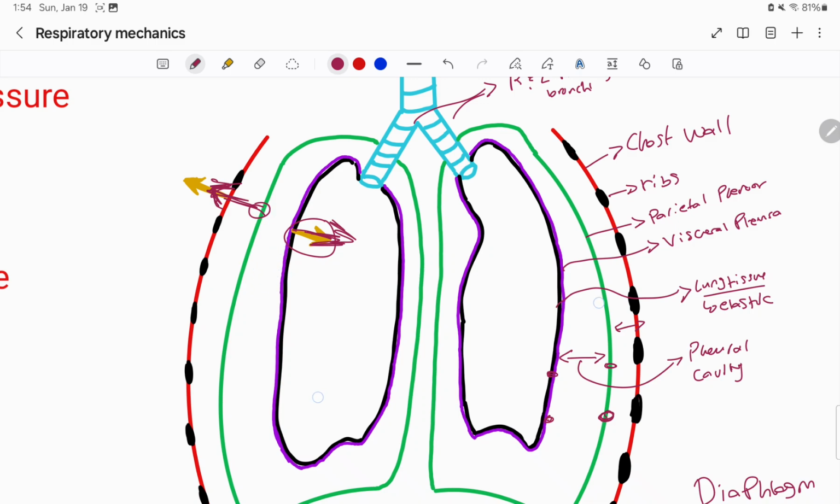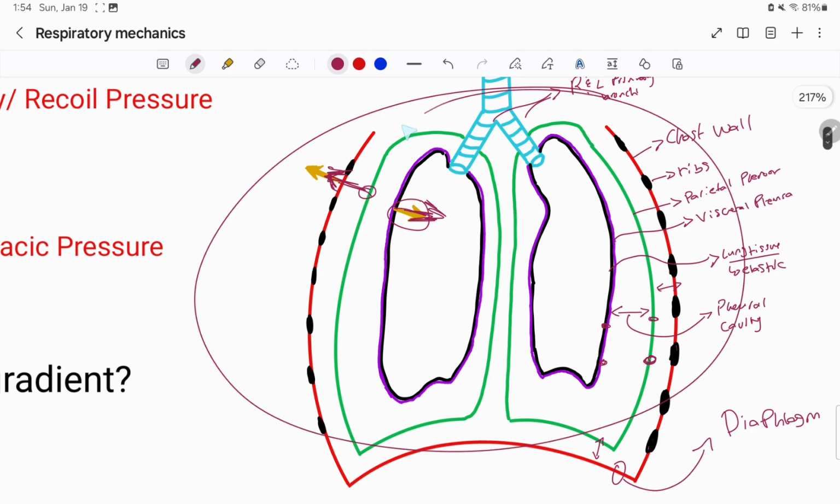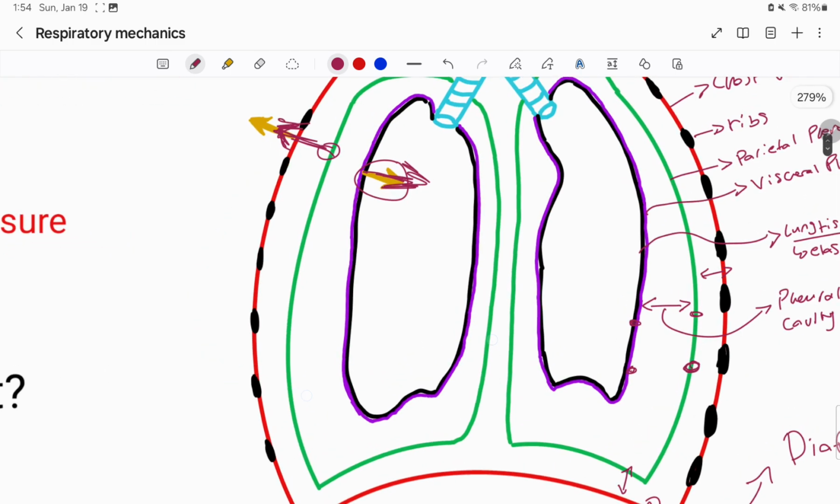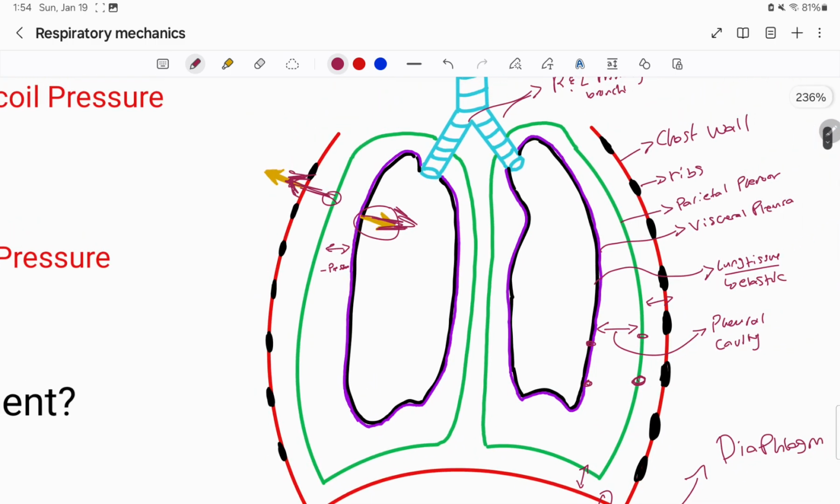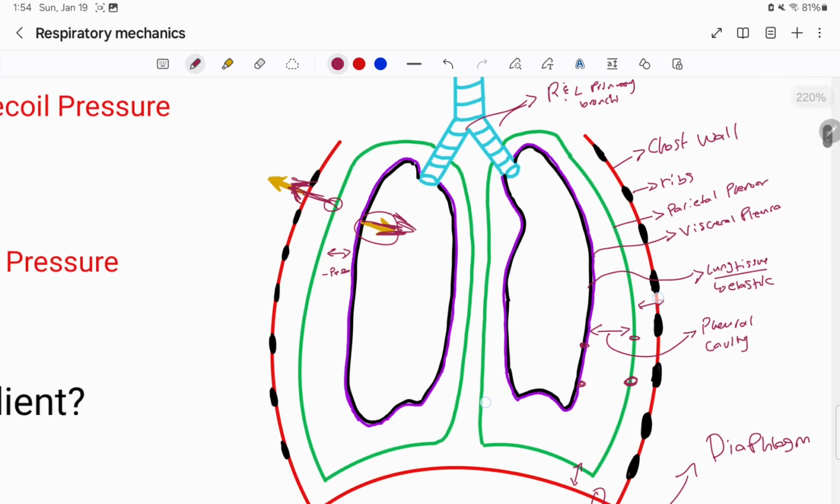And in fact, because the chest wall is an airtight sealed cavity here, this means that this area is going to be negative in pressure, okay? So negative pressure. All right, that's that.